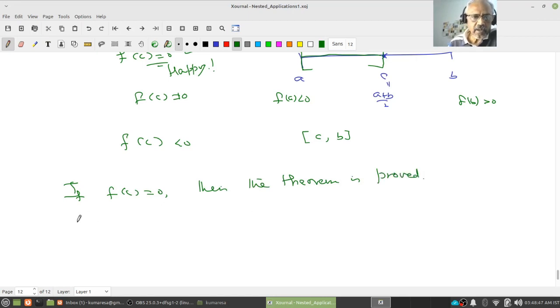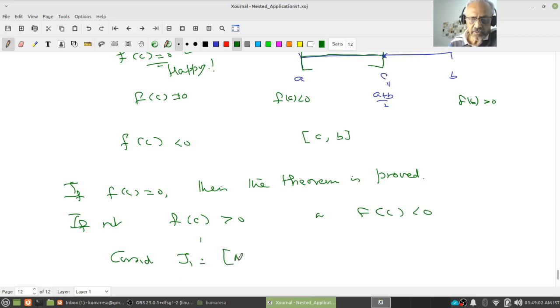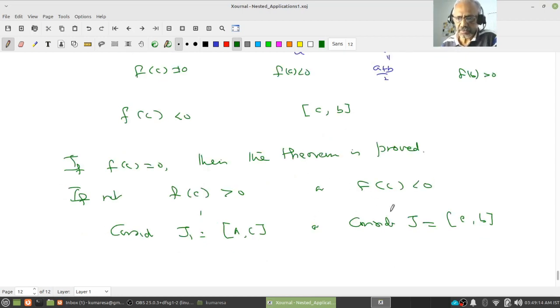If not, f(c) is positive or f(c) is negative. If f(c) is positive, then consider J1 equal to [a, c]. Or if f(c) is negative, then consider J1 equal to [c, b].